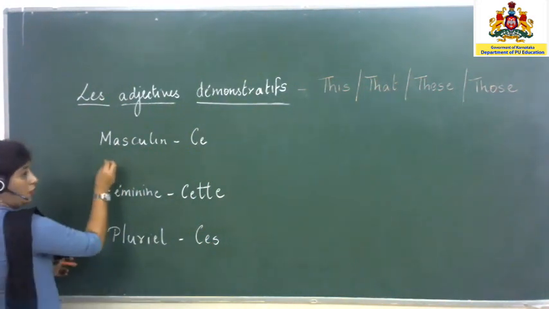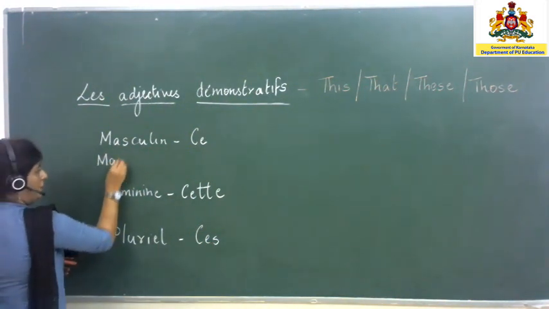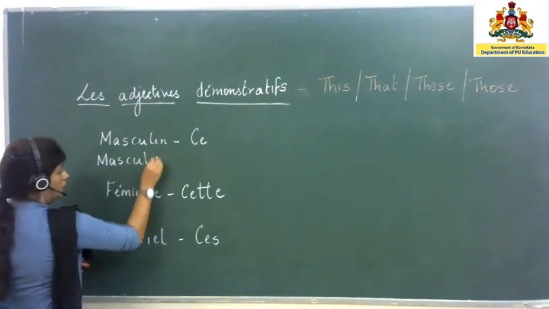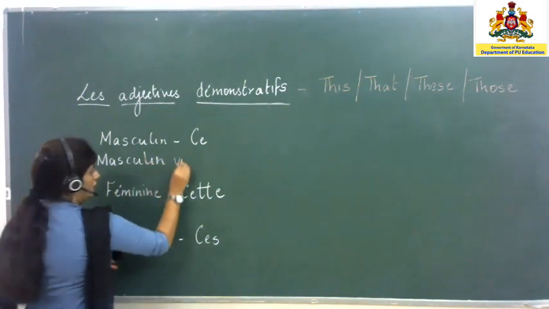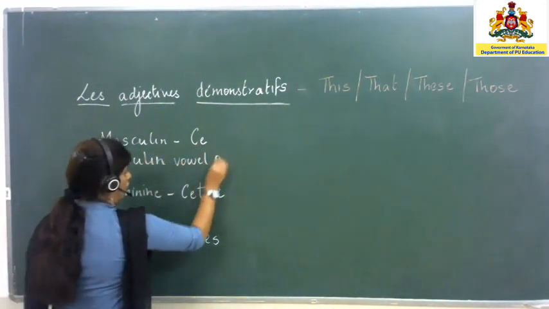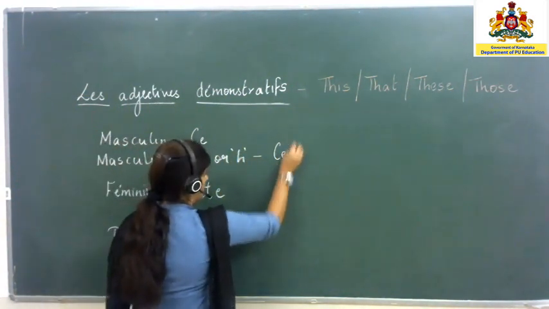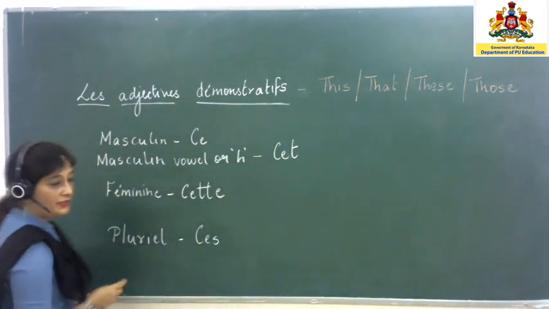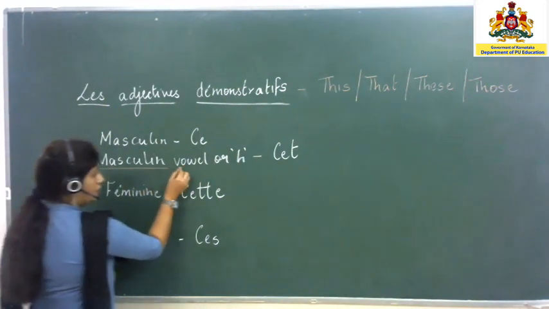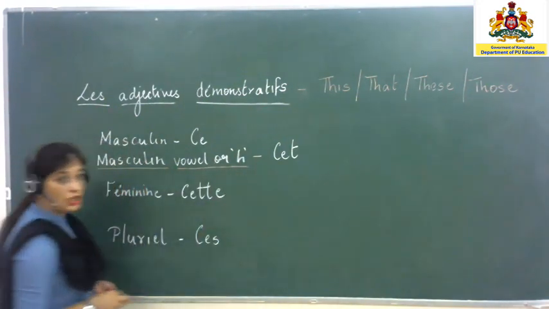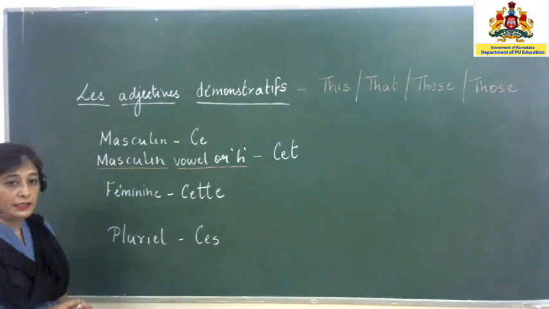Okay. Now, only for masculine before a vowel or H mute, we are going to use CET. Please remember, only for masculine words starting with a vowel or H, we will be using CET.